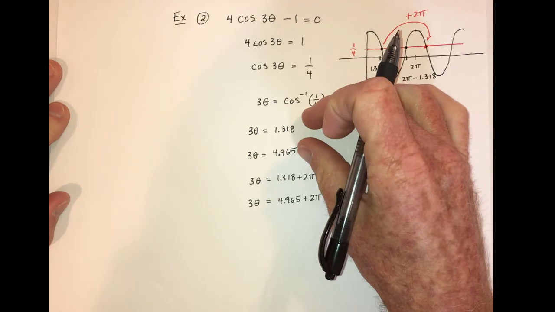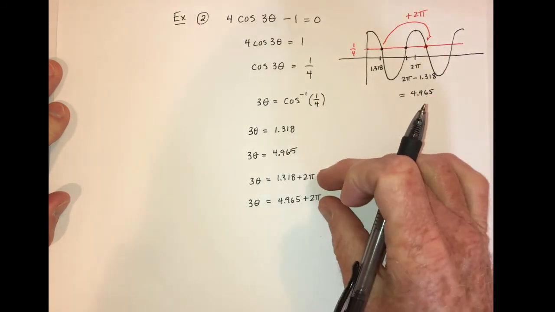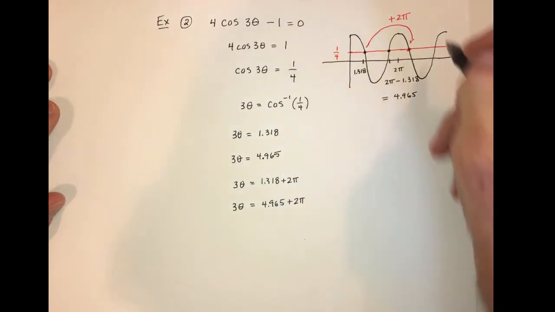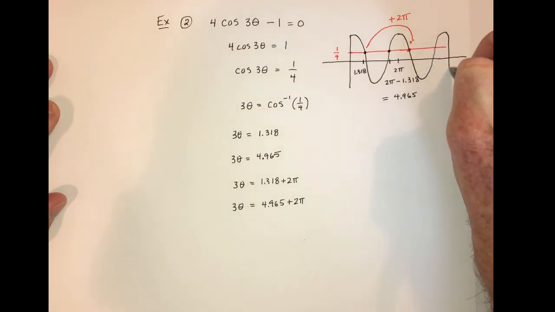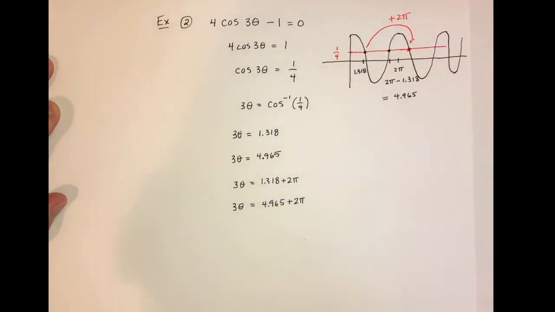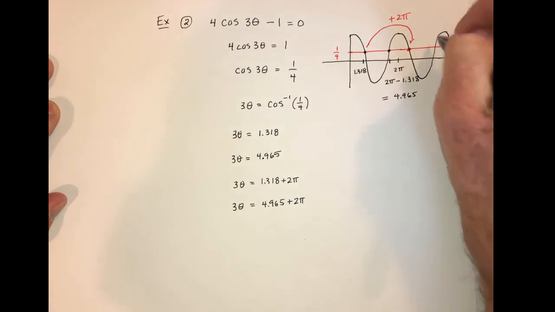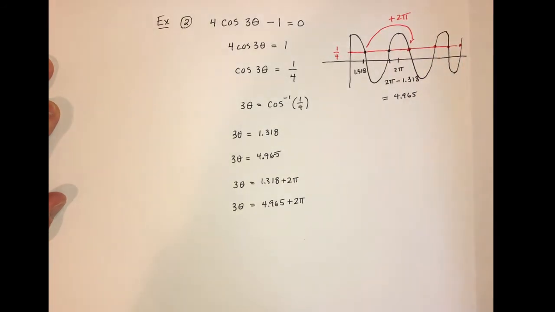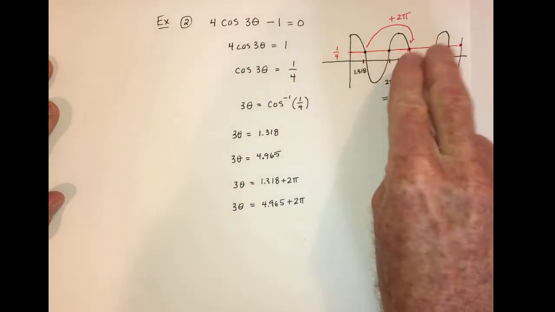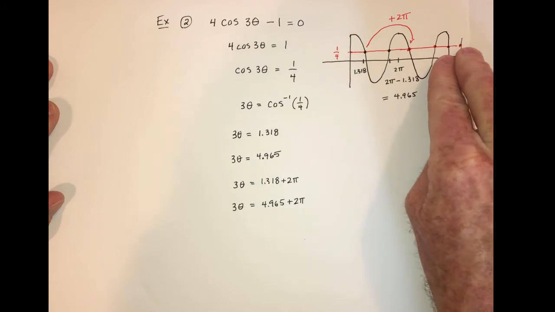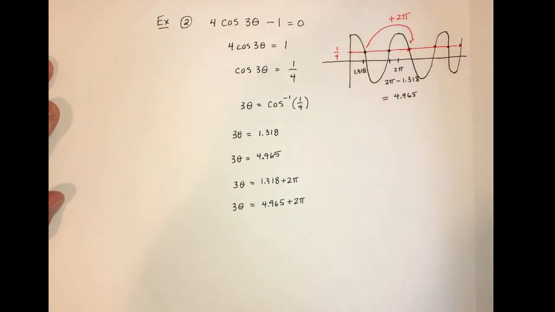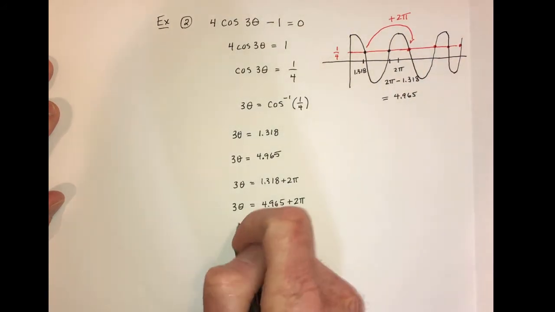So then we have the first 2, then number 3 and number 4, and then continue the graph out and continue the red line over, and there are the next solutions. So we'd have the first 2, then number 3 and number 4, and then number 5 and number 6. So that means just add on another 2 pi.